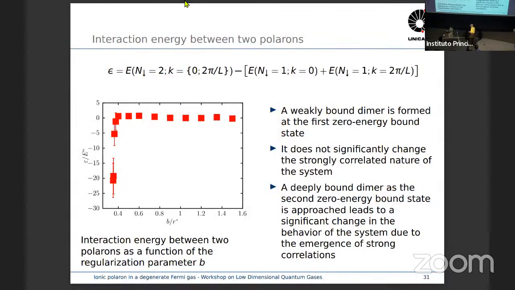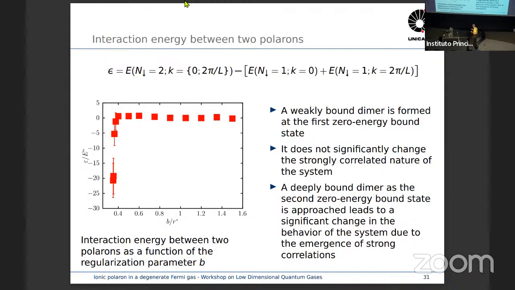Finally, I will show you the interaction energy between two polarons. How do we compute this quantity? We put two ions in the bath, one in the momentum 0 and another one in the first state different from 0.